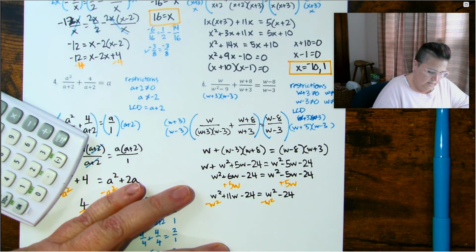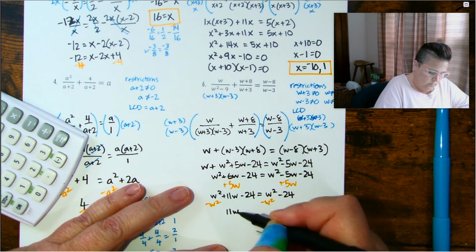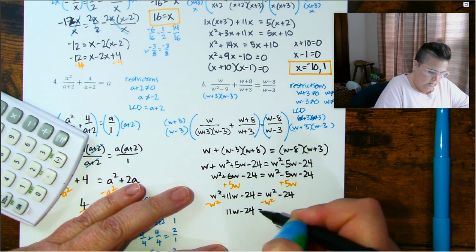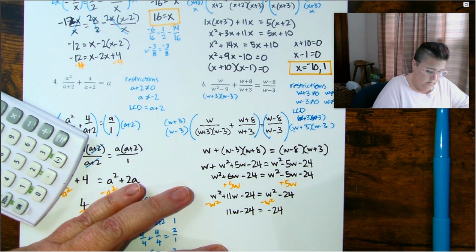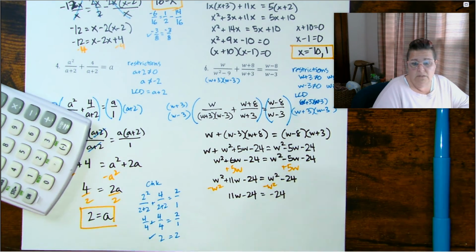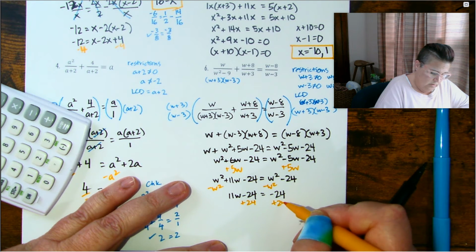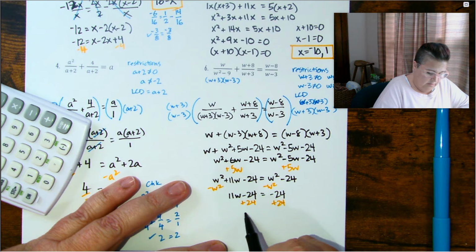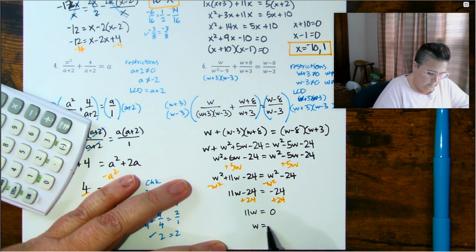This is going to give us 10w minus 24 is equal to negative 24. So now I'm going to add 24, and I have 10w is equal to 0. So w has to be 0.